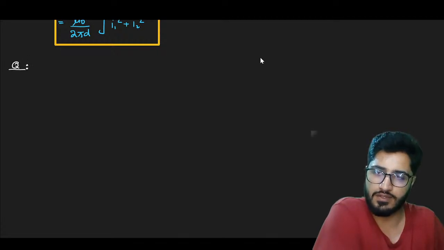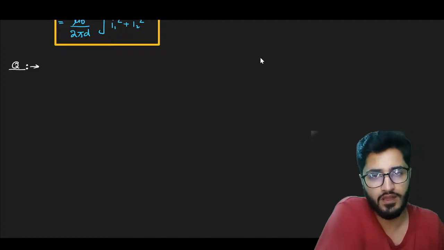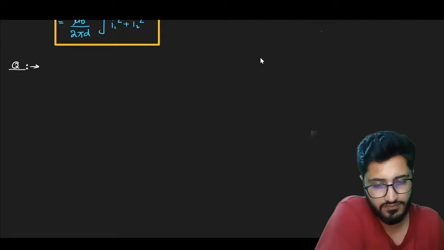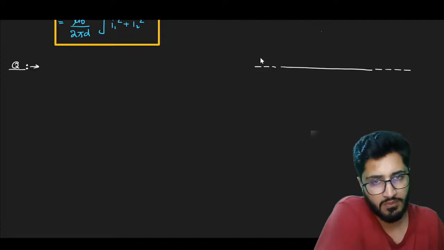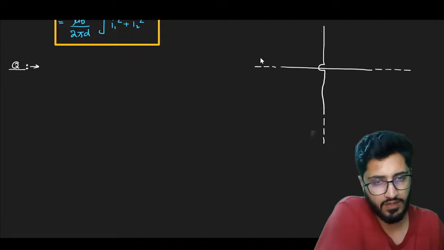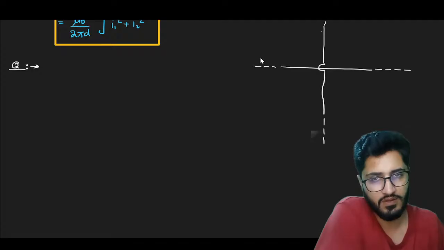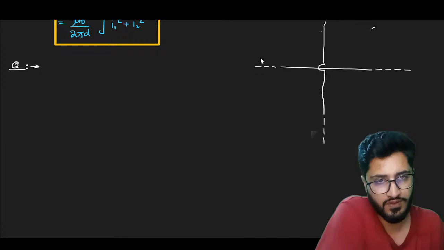Next numerical, in the same way, we have, look, this is my x-axis, infinite x-axis. My y-axis, infinite y-axis. Then we have one more axis, that is the z-axis.